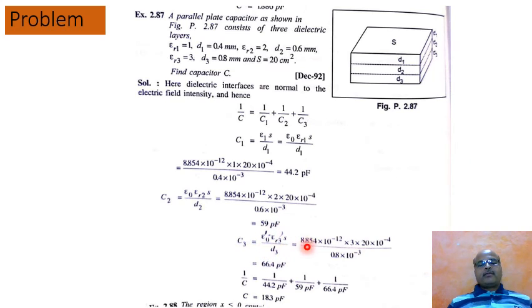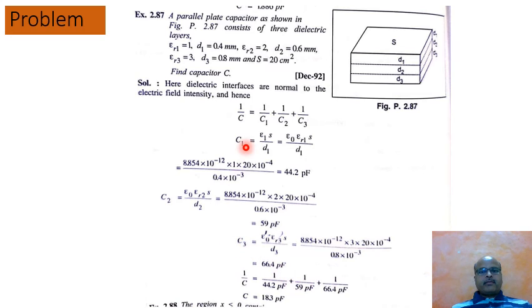Put the value of epsilon 0, then put all the values, that is epsilon R3 is 3 and S is 20 into 10 raised to minus 4 upon D3. What is the value of D3? 0.8 into 10 raised to minus 3. We will get 66.4 picofarad.